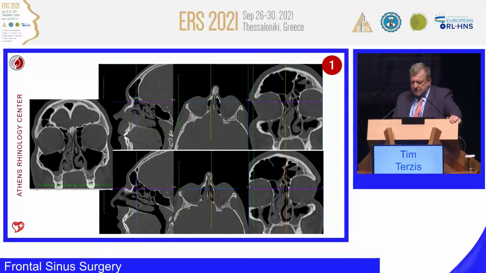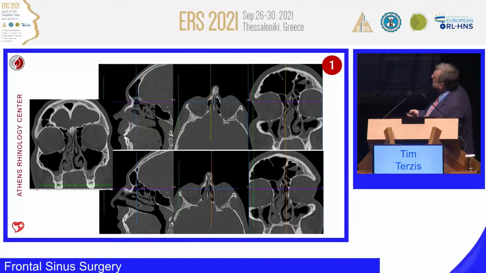You can see the septal deviation, especially on the, I may be able to show you here. So you can see the septal deviation here and there, maybe a bit more prominent. You can see this diffuse mucosal thickening with the partial obstruction of the ostia of the maxillary sinuses.